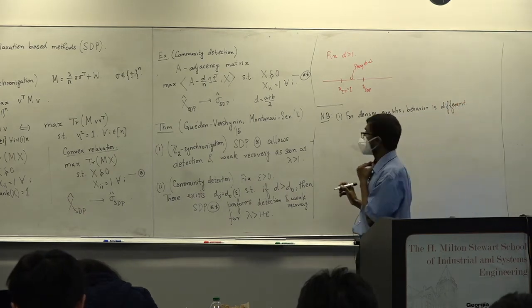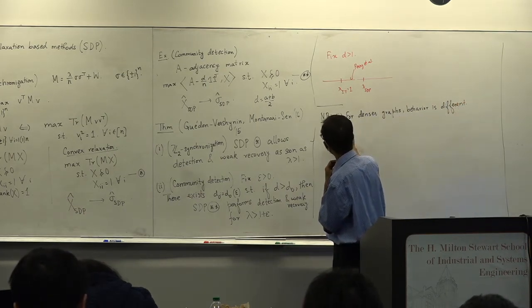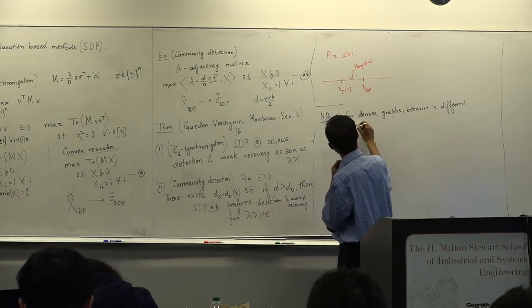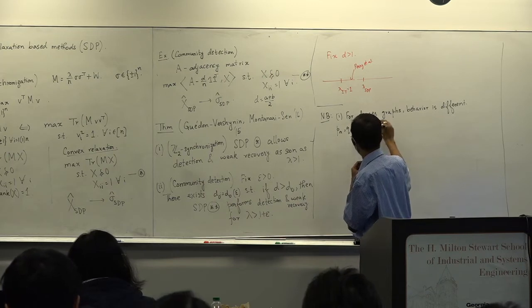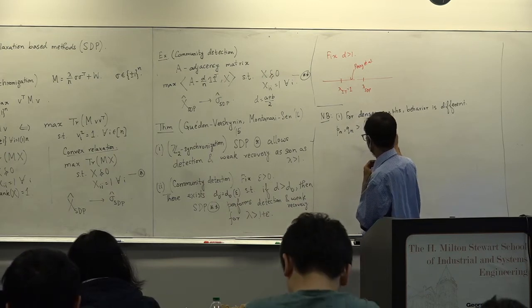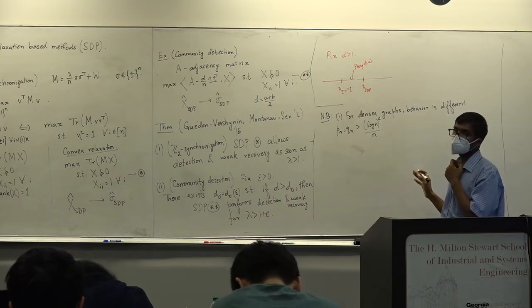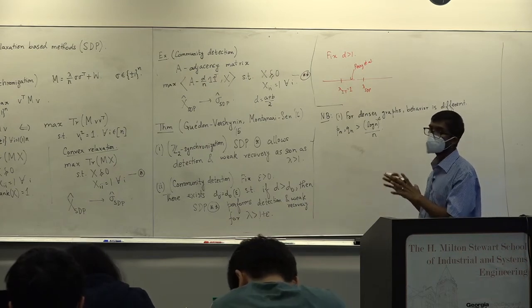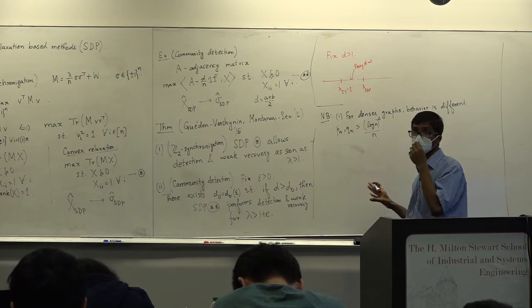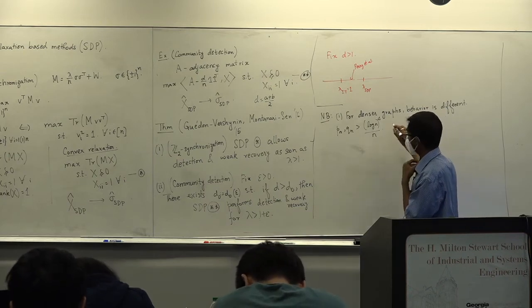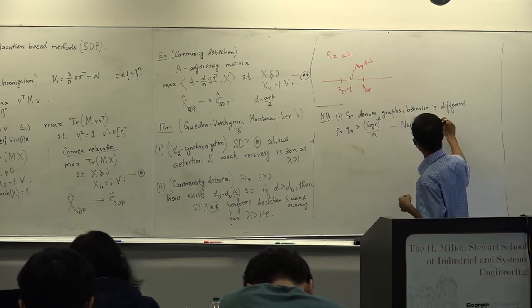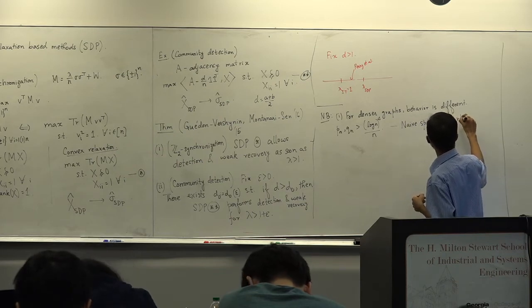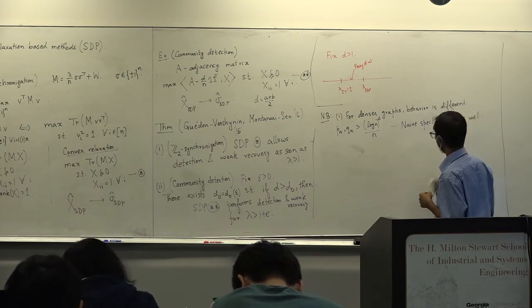For example, if you have a 2 community stochastic block model where p_n and q_n are bigger than, let's say, some polylogarithmic power over n, in these cases, the spectrum actually behaves quite well, even the naive spectral algorithm. And there are now very fine and precise results that are known. So naive spectral works well, and this is now very well understood.